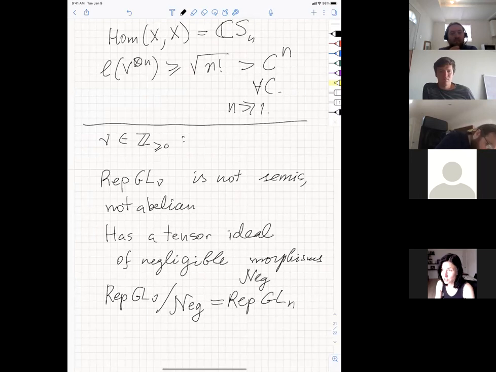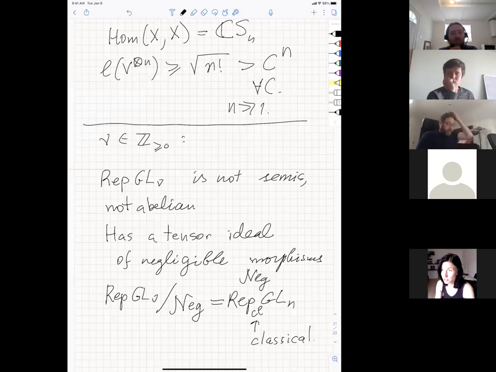To distinguish them, I will call them classical representations. This will exactly kill some morphisms: negligible morphisms are morphisms which you cannot detect by computing traces. The trace of such a morphism composed with any other morphism is 0.